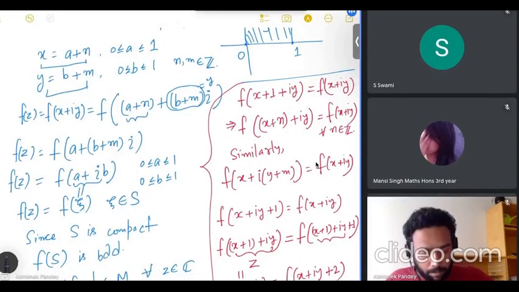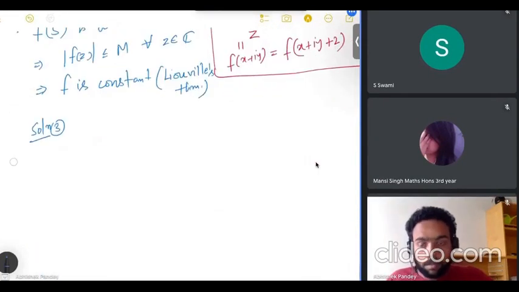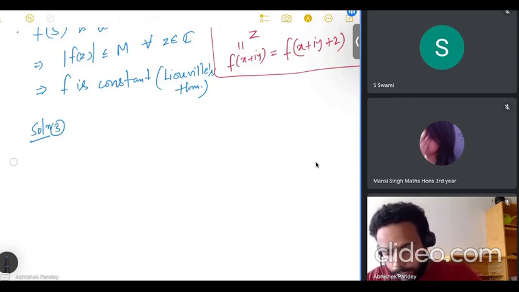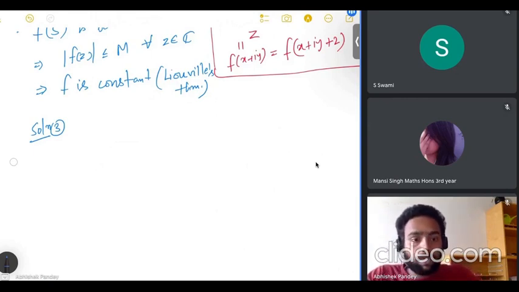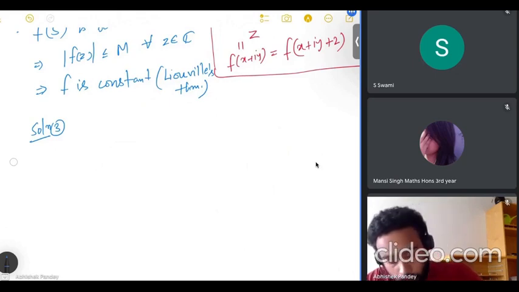I hope it is clear. Okay, so I will move ahead. We will see the vertical strip and horizontal strip question option.